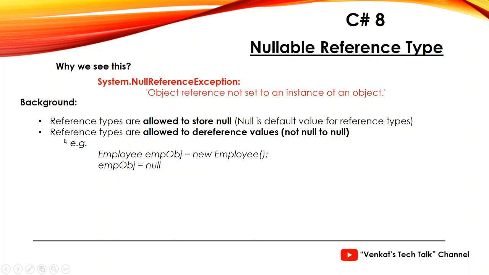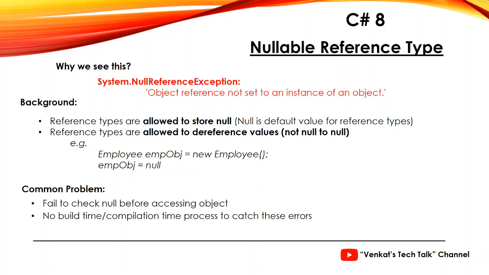And in that method, if we try to invoke a member of this object, then we will end up with this error. To be honest, it is very difficult to handle this error, because there is no compile time check, and developers obviously miss checking the state of an object for null before accessing it.